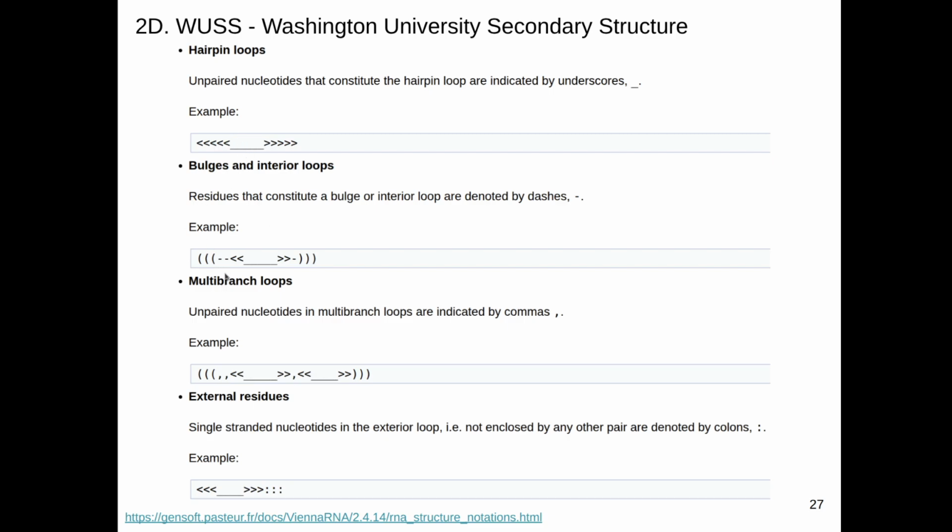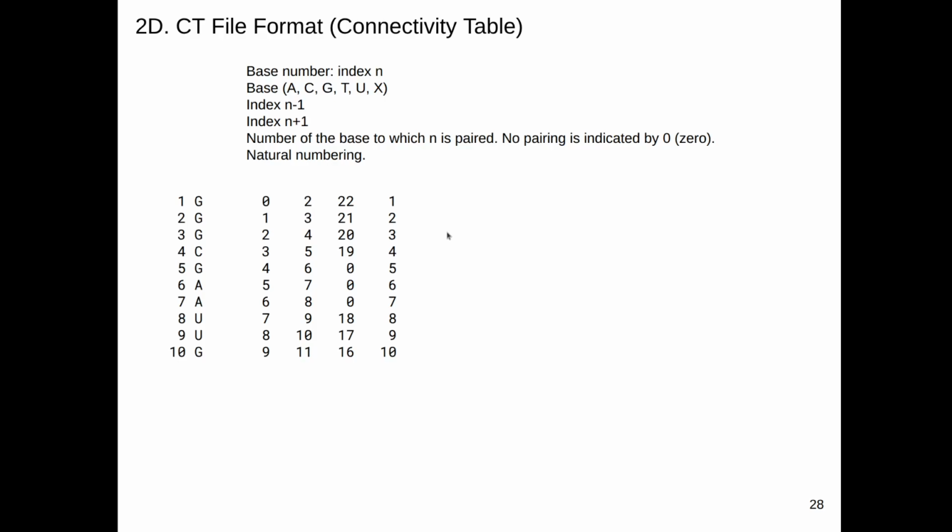For internal loops, we have dashes and parentheses. For multi-branch loops, we have commas and also parentheses. And for dangling ends, we have colons. This is not a frequently used format, but at least in the Rfam database, it is accepted as the main format.